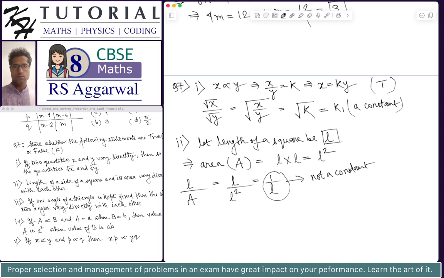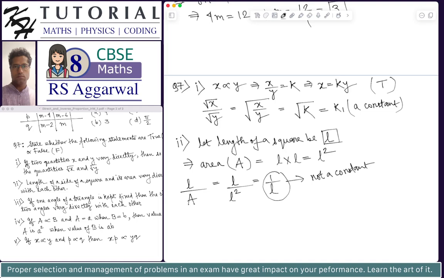In this problem, the two quantities involved are length, which is small l, and the area, which is capital A. Now capital A is L square. To see whether small l and capital A are in direct variation or not, we find the ratio, that is L by capital A. And L by capital A comes out to be 1 by L, which contains one of the two quantities, that is L, so it is not a constant.